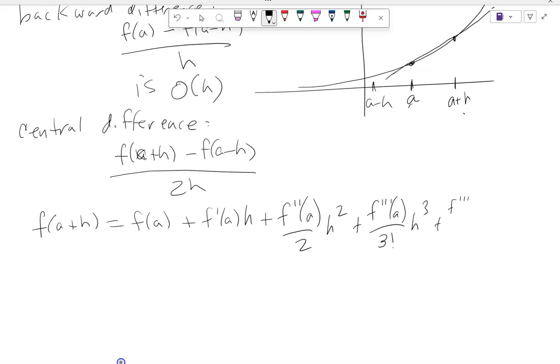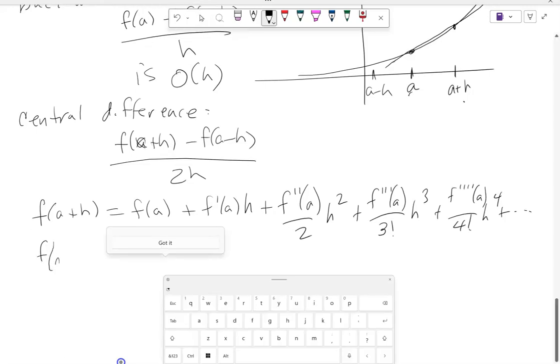I'm going to put one more in there, just for good measure. That was what we got for the power series when we put in A plus H. Agree?